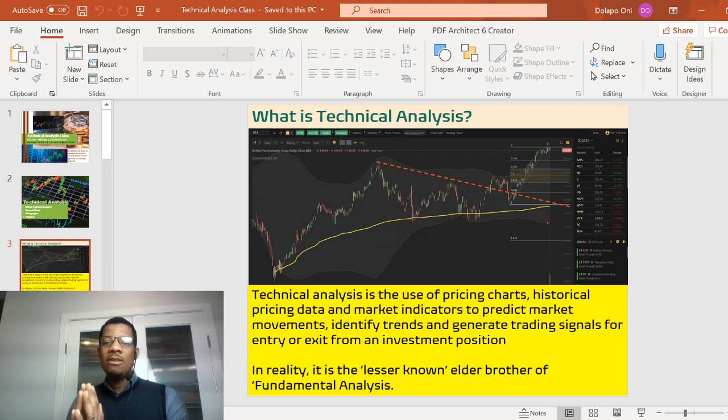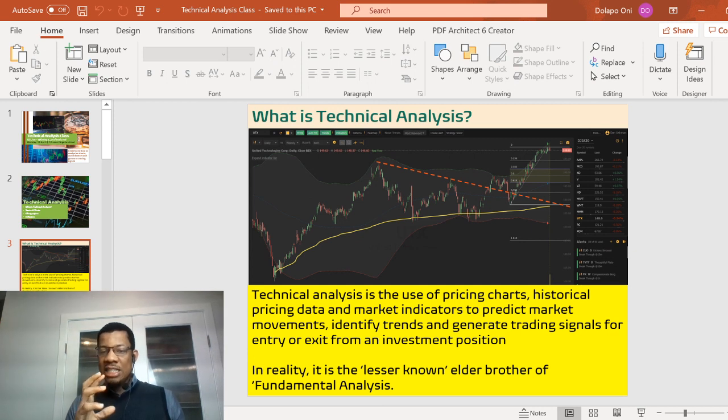It is when you use hard data, company reports, information available about that particular asset you want to invest in, economic data, financial data, investment data, whatever data is available, and you use that to obtain information about the value of that asset.